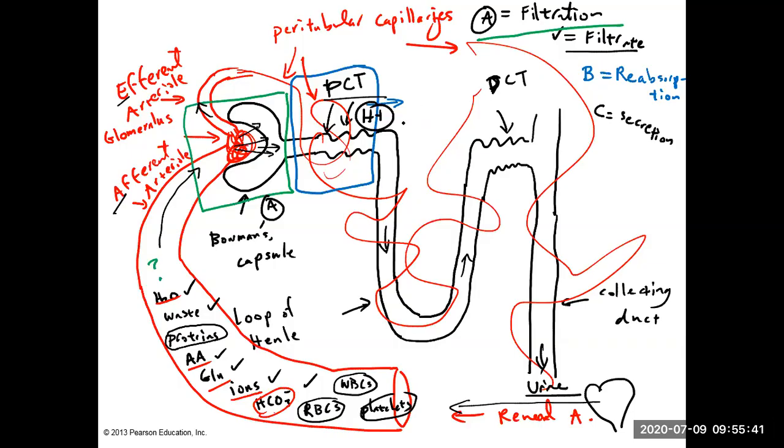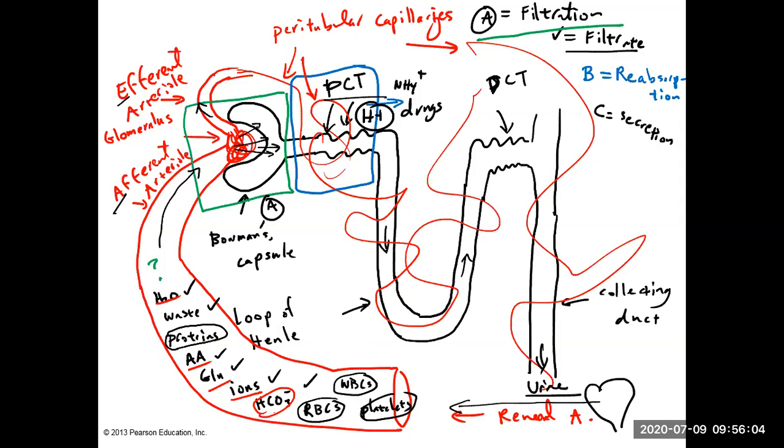There could be some drugs, and NH4 plus, some nitrogen waste as well. So those are the secretion.